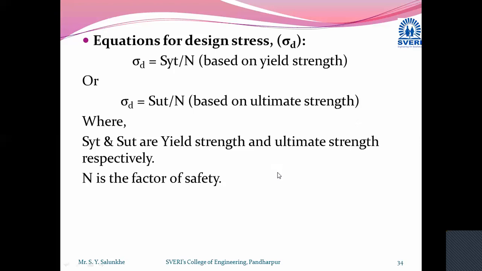Or if you are going to calculate factor of safety in terms of tensile or compressive stress, then factor of safety is given by failure tensile or compressive stress divided by allowable compressive or tensile stress. And if you are going to calculate this factor of safety for shear stress, then failure shear stress divided by allowable shear stress. That we are going to say.